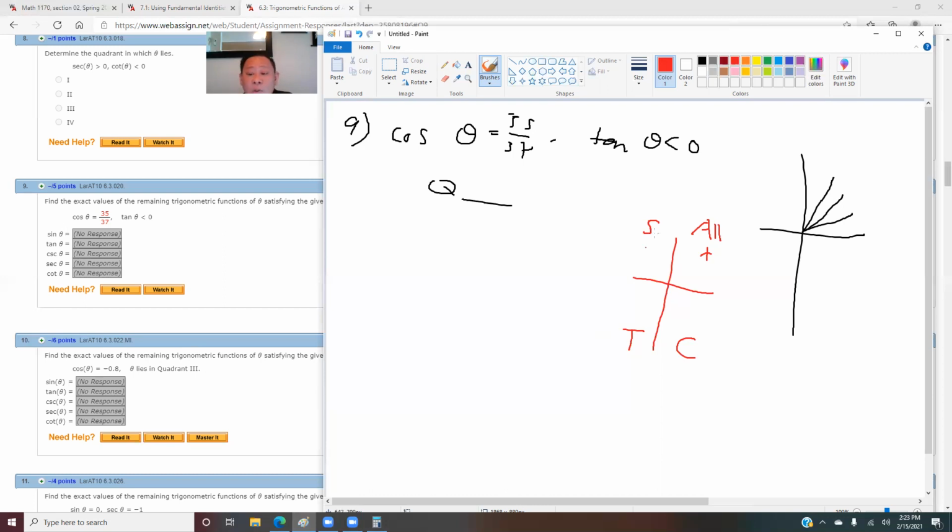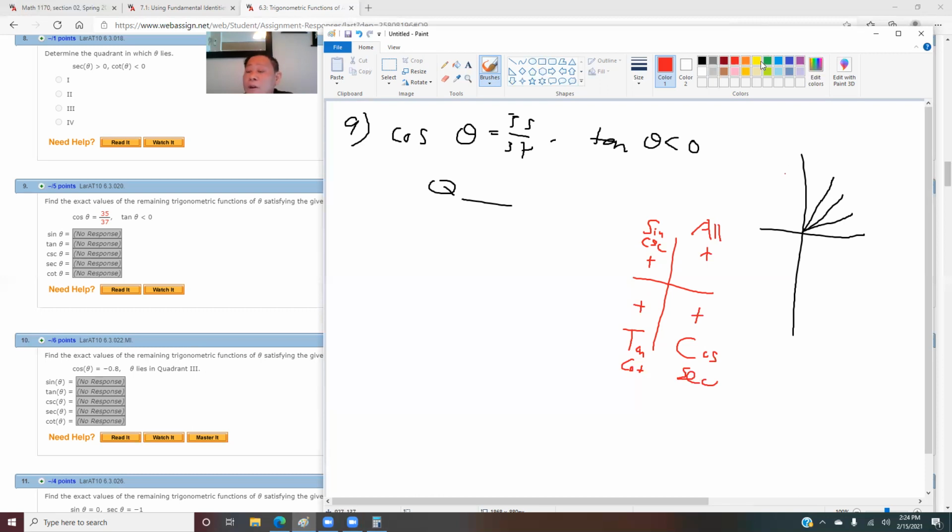In quadrant 2, sine and the reciprocal of sine will be positive. Tangent and cosine will be negative in quadrant 2. In quadrant 3, tangent and cotangent will be positive. The sine and cosine will be negative. And for quadrant 4, cosine and secant will be positive. The rest will be negative.